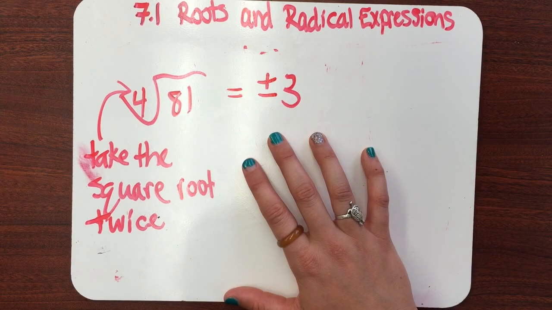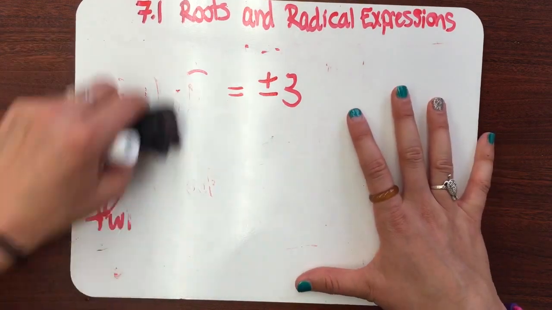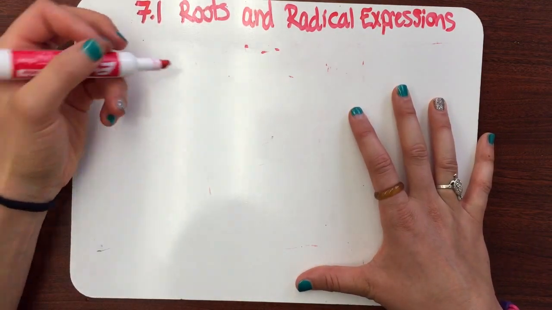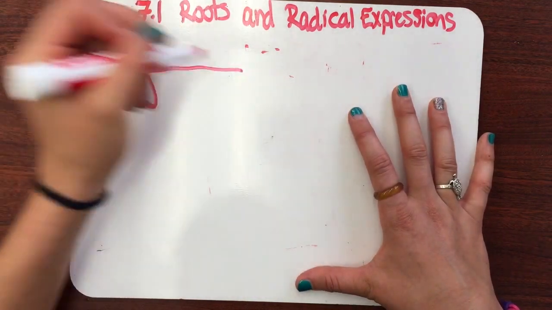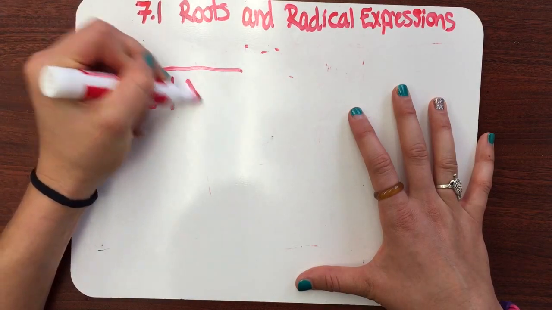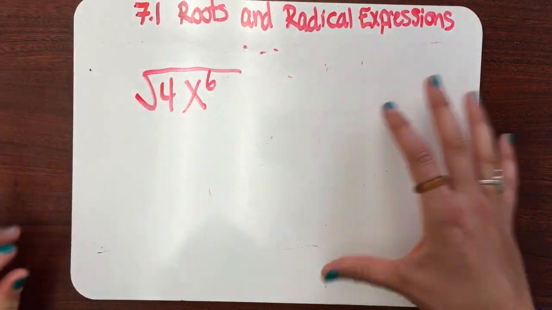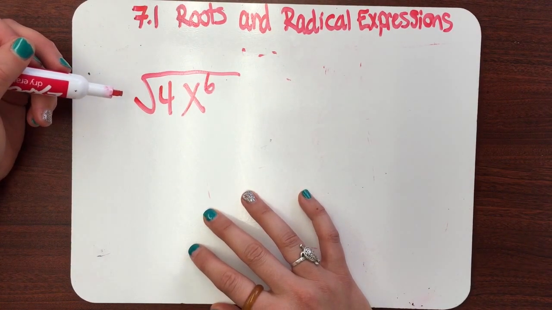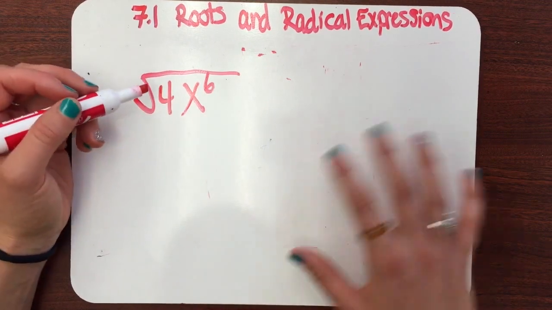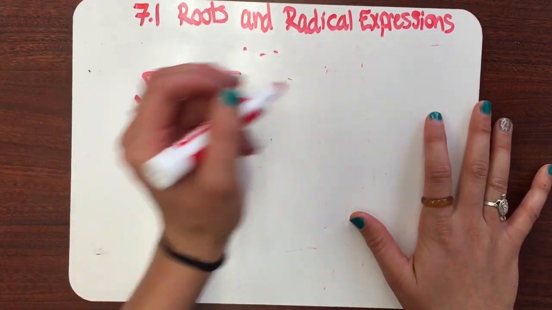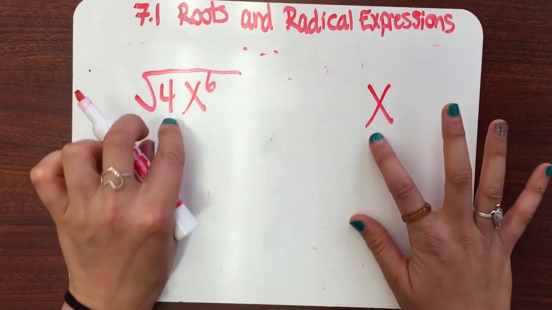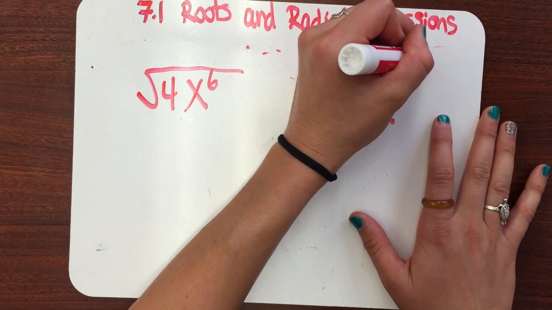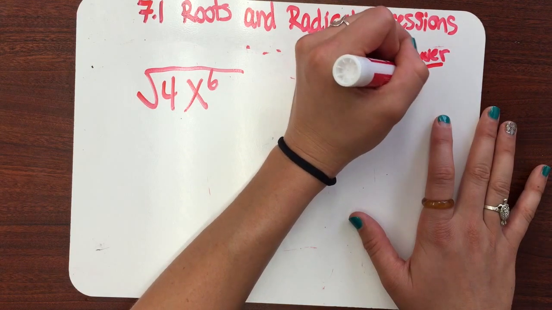Okay, let's say we are putting in some variables now. If we have variables in here, let's say, for example, I have the square root of 4x to the 6th. We know that this number written in here is a 2 if there's no number written in. If there's a variable, the way you're going to solve this is you're going to take the base of the variable, and the exponent is going to be the power over the root.